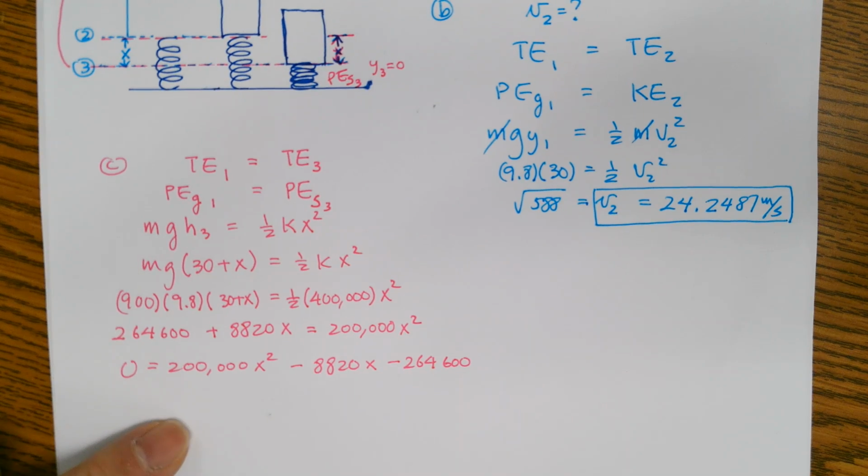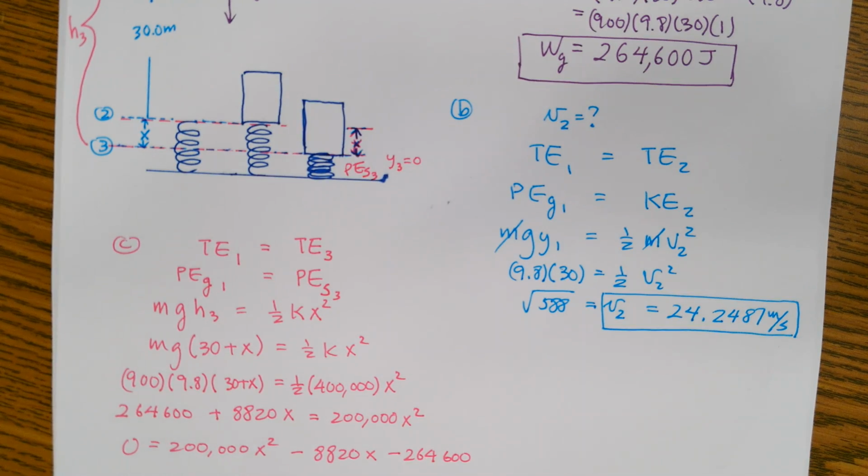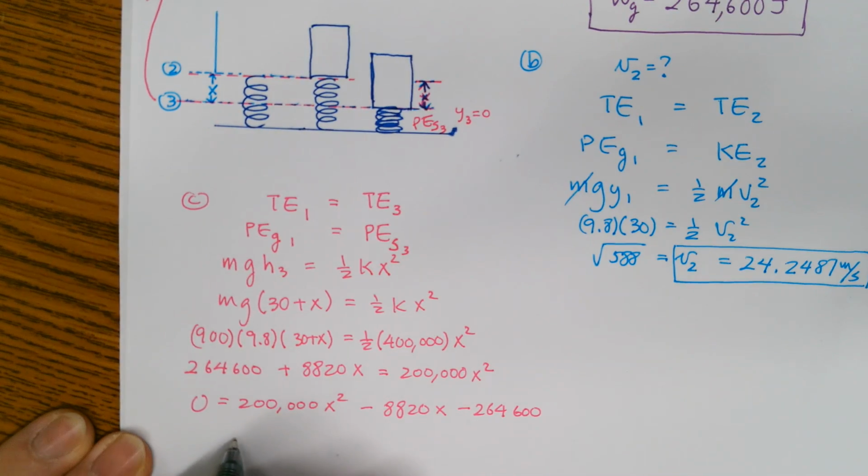If you plug in 200,000 for this, and then plug in 8,820 for this, and then for this one, you plug in 264,600, and you'd say, calculate.